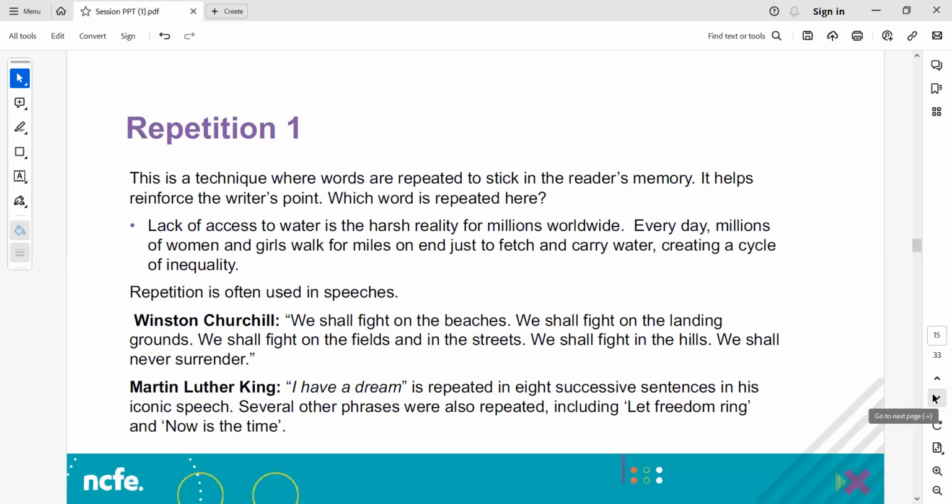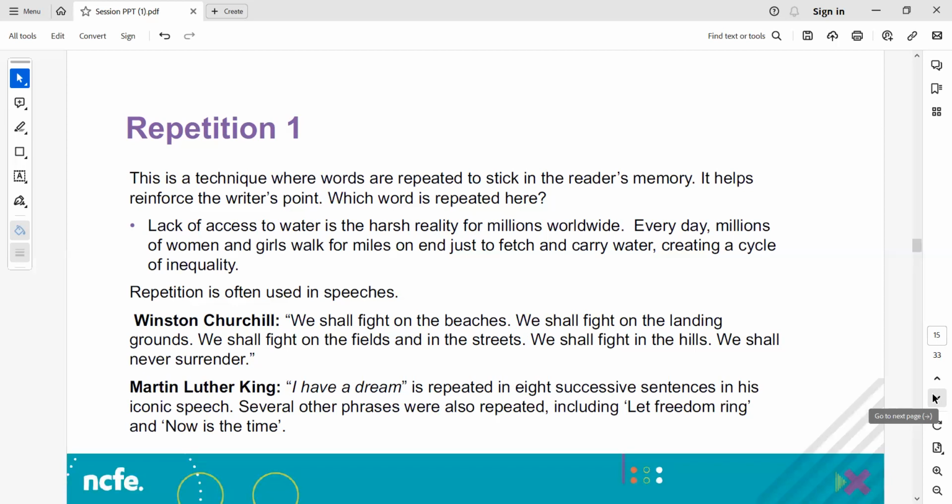Good. So we're moving on to repetition, which is a technique where words are repeated to stick in the reader's memory. It's often used in speeches, and there's some famous ones here. So Winston Churchill, famous speech about the war. We shall fight on the beaches.